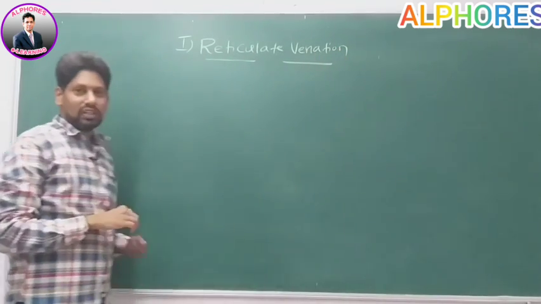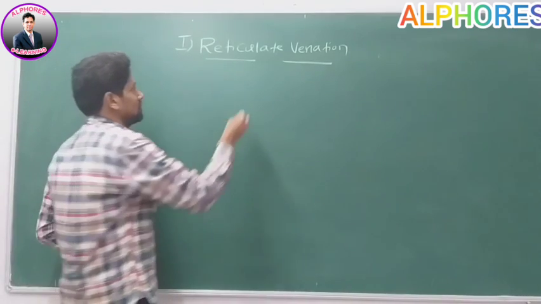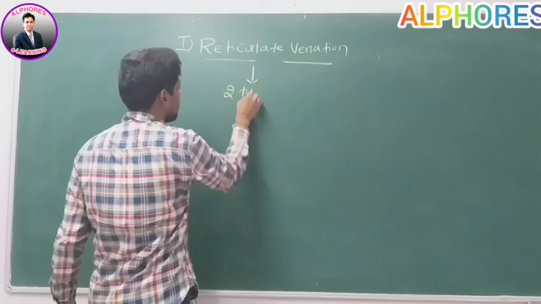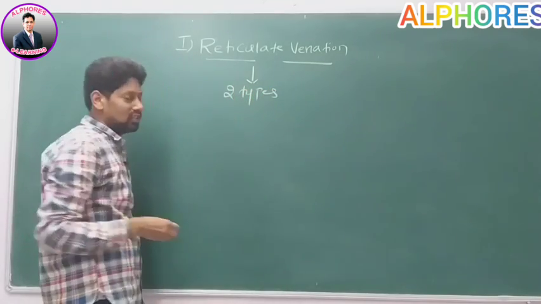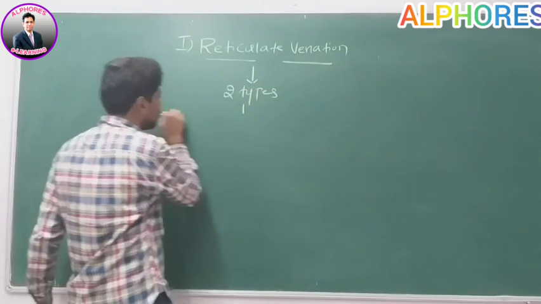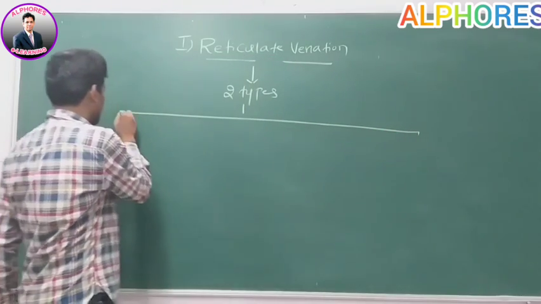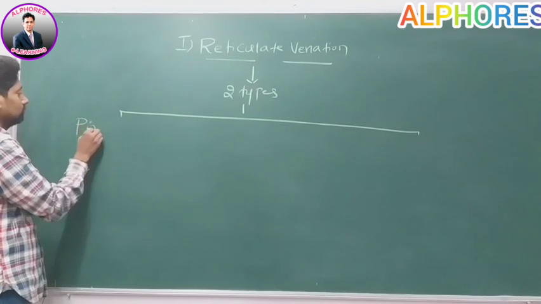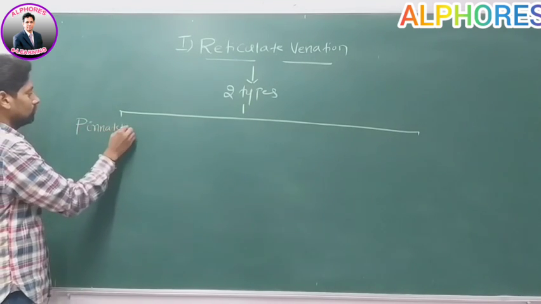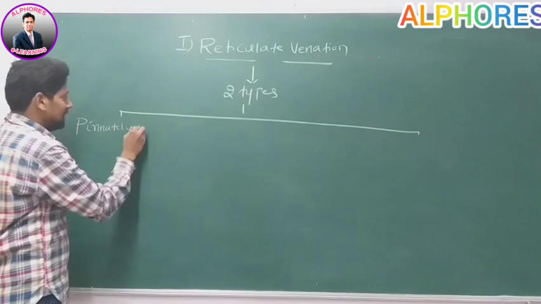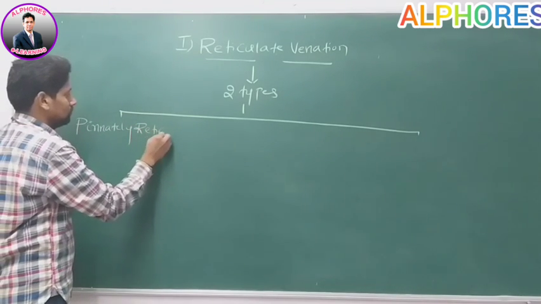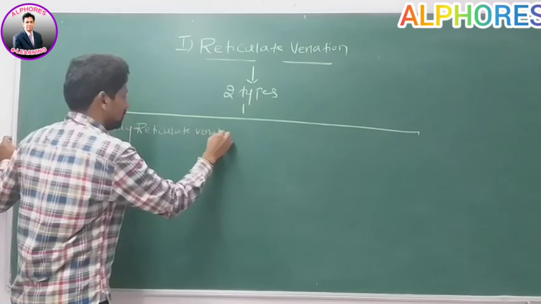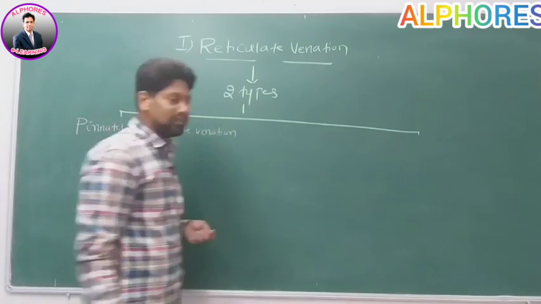Reticulate venation is of how many types? Two types. What are the two types of reticulate venation? Number one, pinnately reticulate venation.